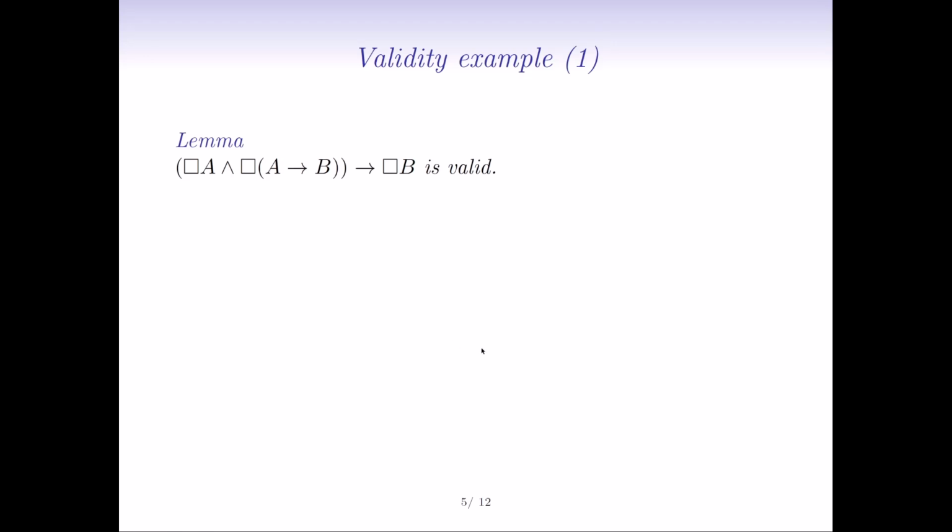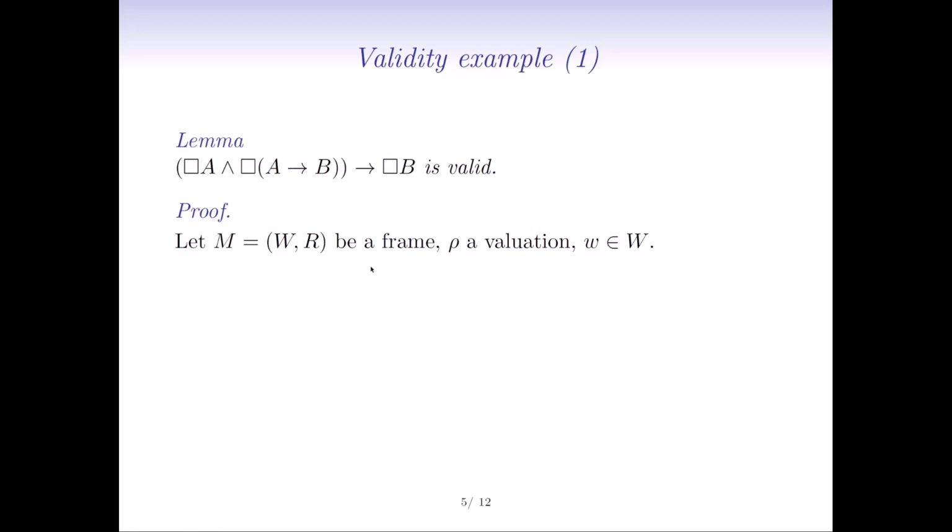Box A and box A implies B implies box B. You can see that this makes sense intuitively because if A is true everywhere accessible in one step from the current world, whatever that world is, and A implies B is also true at all accessible states, then B must be true at all accessible states. And that's exactly how the proof goes.